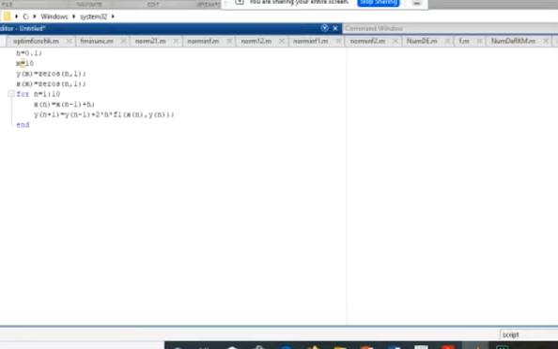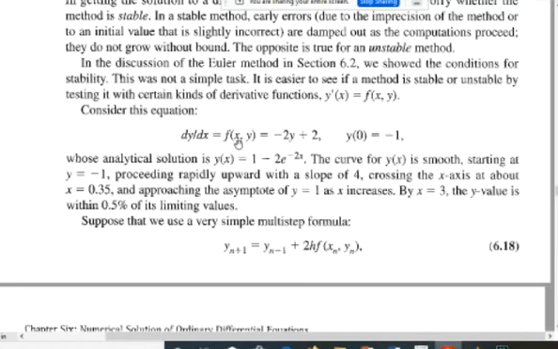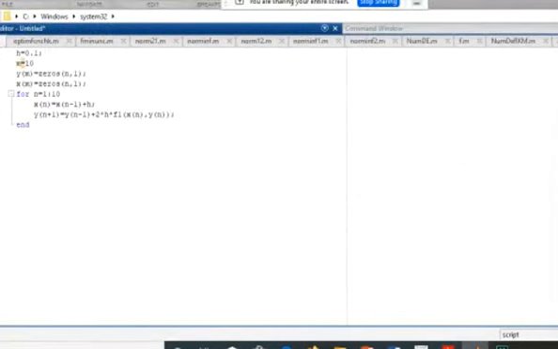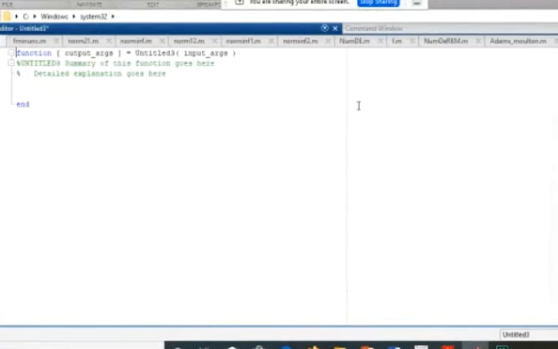Let me define the values of this function f, minus 2y plus 2, in a separate function form. We have f1, and here we have an output, and here x and y.